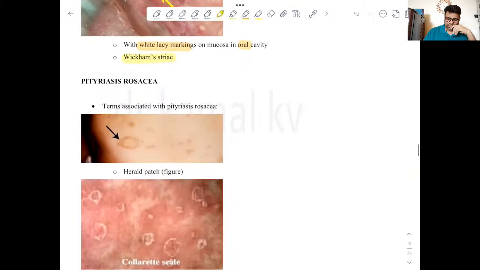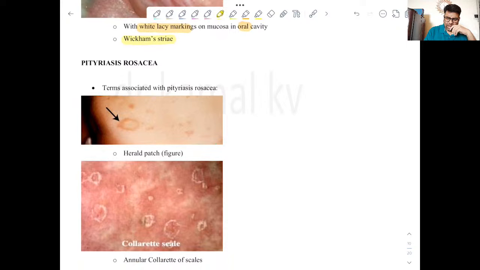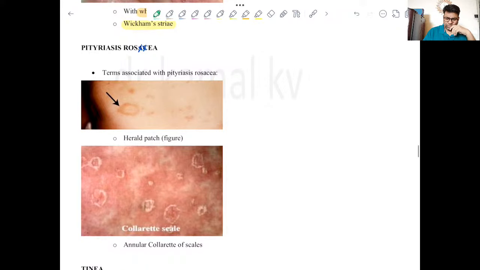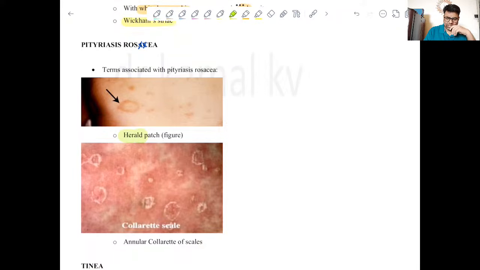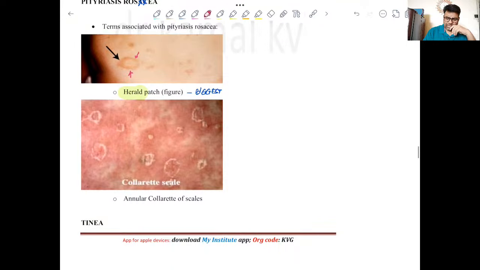Then moving forward to Pityriasis rosea, here there are few terms which you should know. One is of course the herald patch, which is the biggest in size of all the rashes, right? Then there is annular collarette of scales.